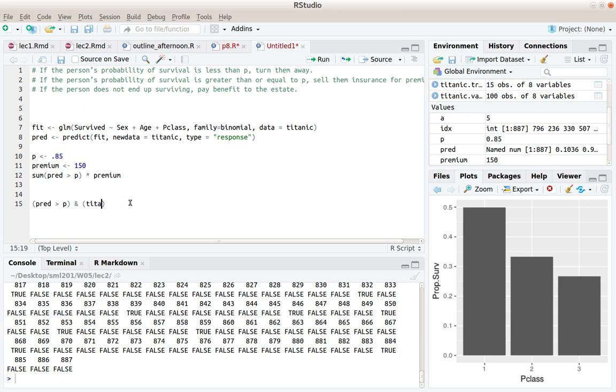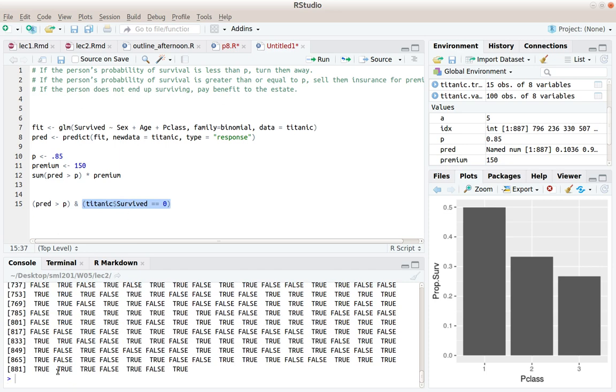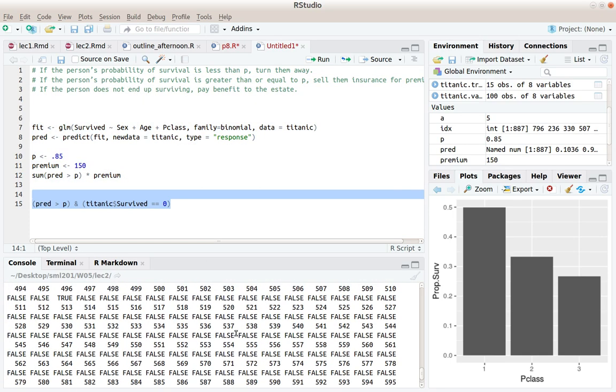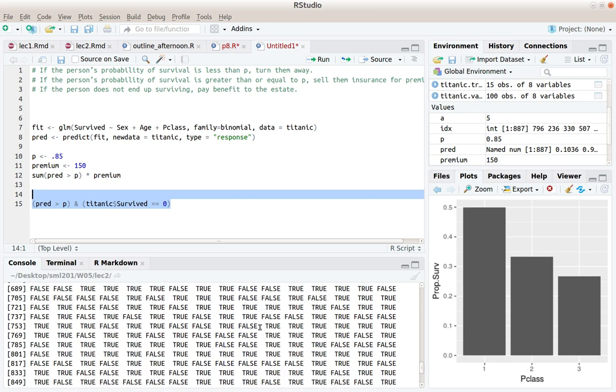So if we say Titanic survived equals 0, here every true indicates did not survive. Now, if we combine them using the ampersand, we'll get true only for people for whom both the prediction was greater than P, and they did not survive. So let's look at what that looks like. Mostly falses, but you can see some trues sometimes somewhere. Here there are actually a lot of trues. So okay, how many people is that?